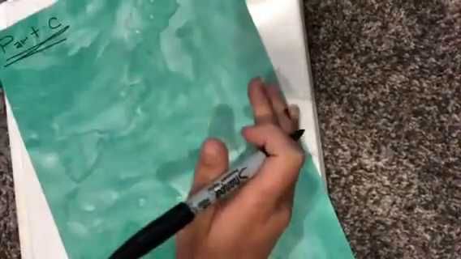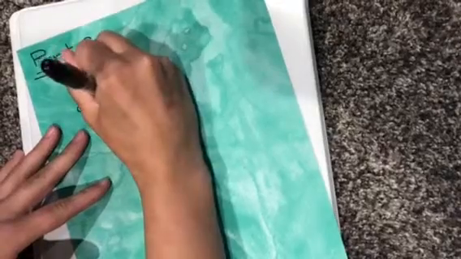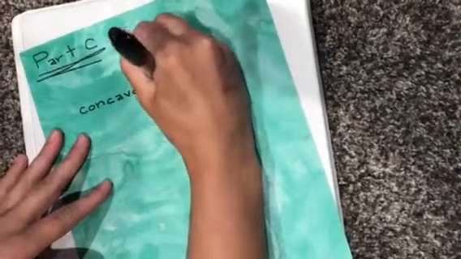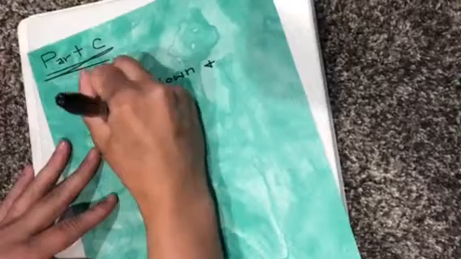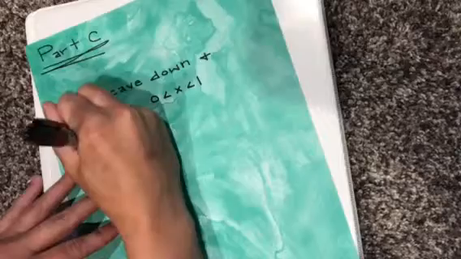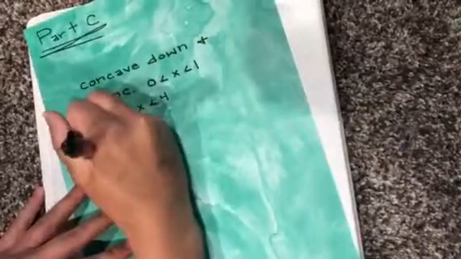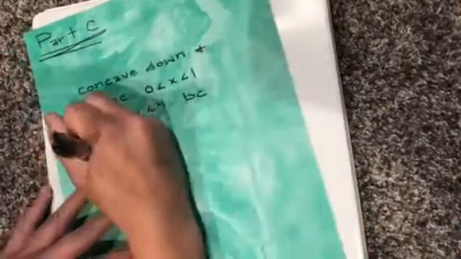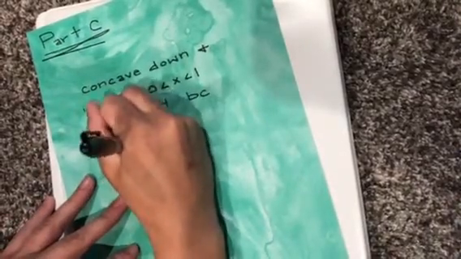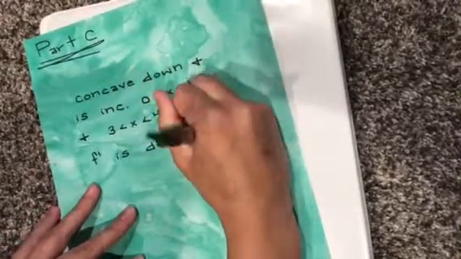So, the graph is concave down and is increasing from 0 to 1, and then from 3 to 4, because f prime is decreasing and it is positive on these intervals.